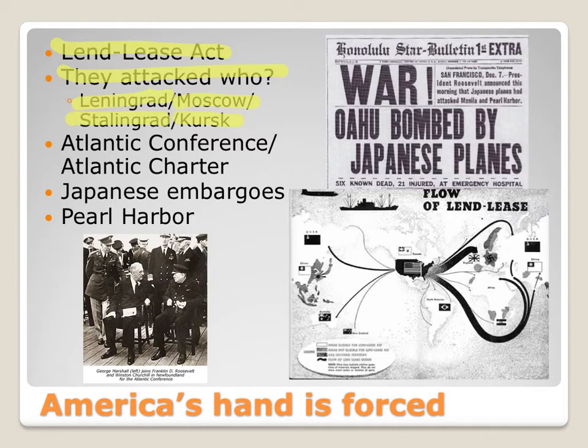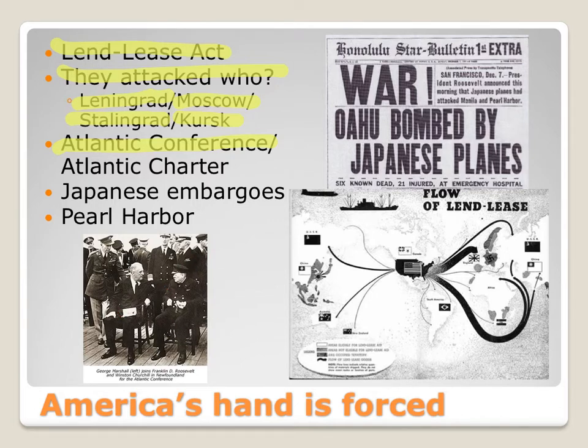Okay. All right, in August 1941, we see a meeting between Franklin Roosevelt and the British Prime Minister Winston Churchill. This is our first mention of Churchill. There you see Franklin Roosevelt on the left, Winston Churchill on the right.